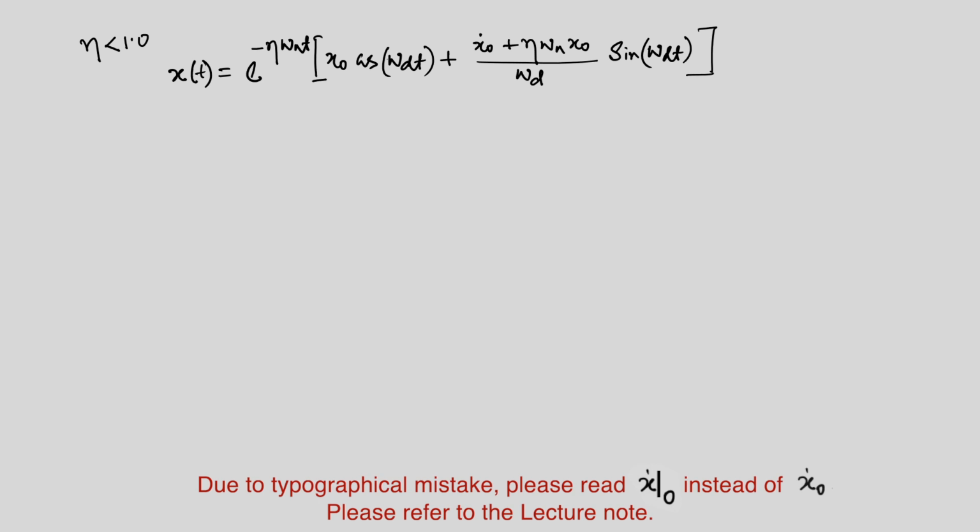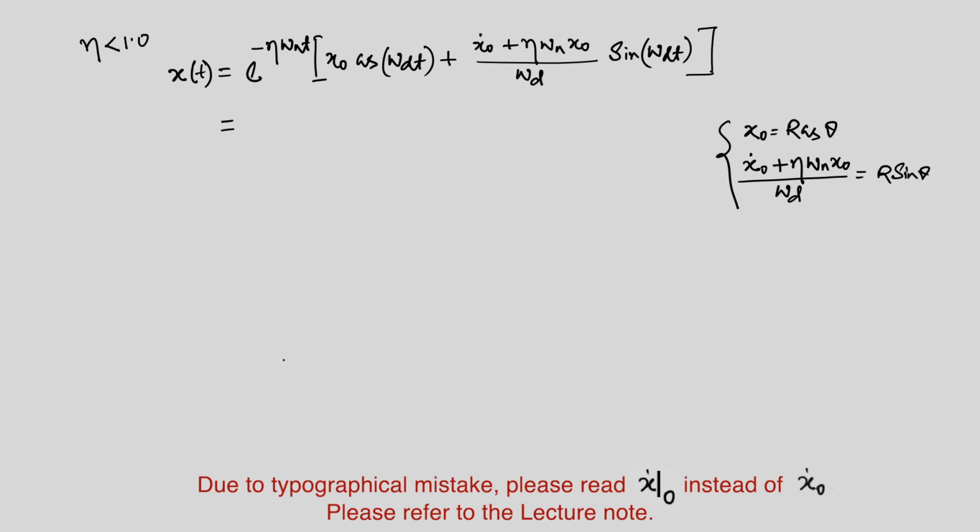Obviously, in this case again we can further simplify it. So, if we assume x naught is equal to r cos theta and x naught dot plus eta omega n x naught divided by omega d is equal to r sin theta, then we can further simplify this expression.